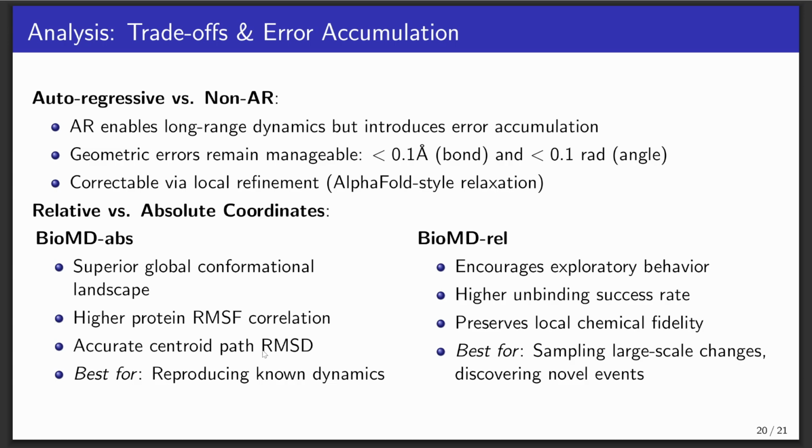So this is best for reproducing known dynamics. But when using relative coordinates, this encourages exploratory behavior, and it produces higher unbinding success rates. Also, it can preserve local chemical fidelity. So this is best for sampling large-scale changes and discovering novel events.